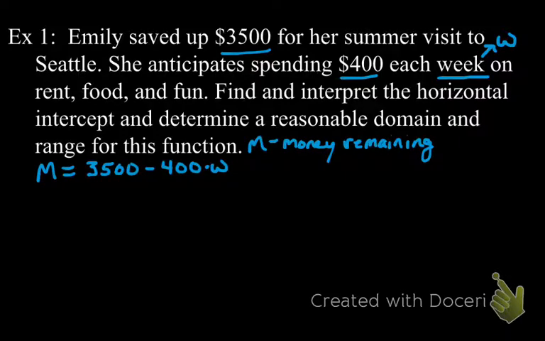Now the first part of the question says that we're supposed to find and interpret the horizontal intercept. Now the horizontal intercept, remember, is kind of the equivalent of the x-intercept. So in our case, we would call that the w-intercept.